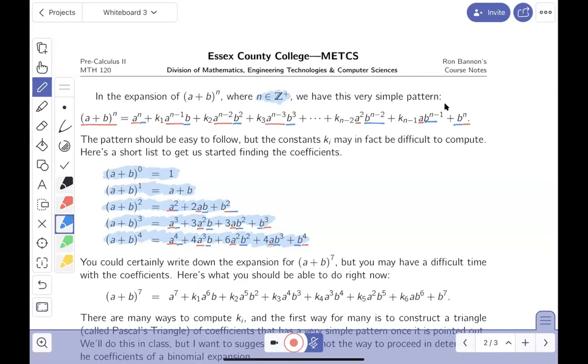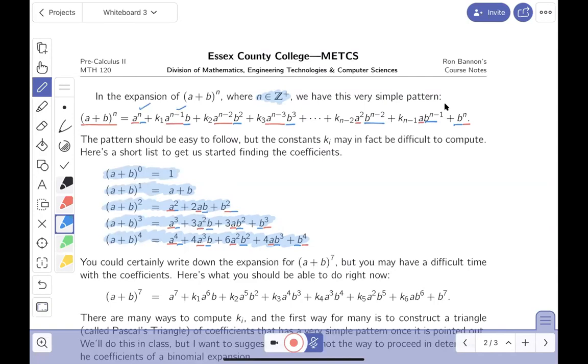I do want to point out there's a pattern to this, and you should recognize that pattern. The other pattern I notice is the sum of the exponents in every single case turns out to be n. Let me check that off for you. There's only one exponent there, that sums to n.